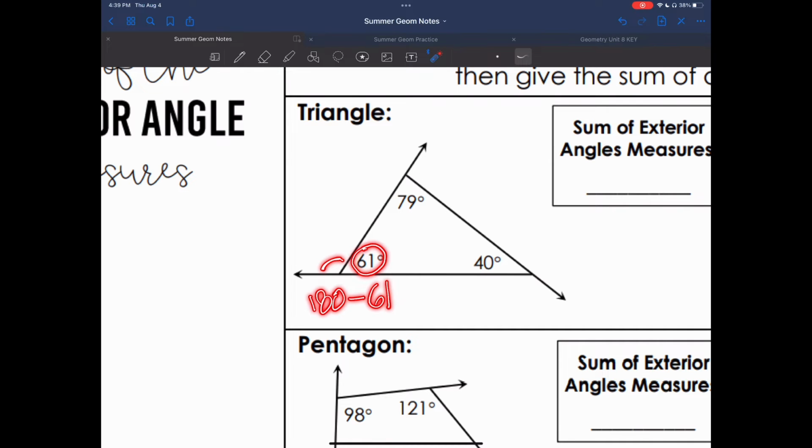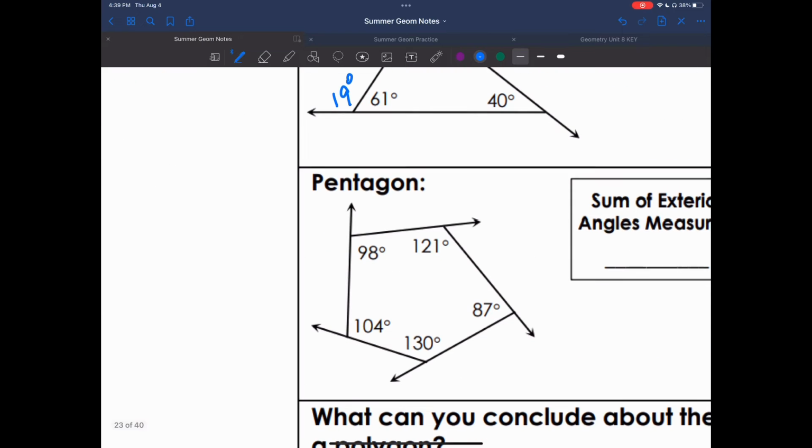In fact, I want you to do that right now. 180 minus the 61 to find this degree out here. And you should get 19 degrees. And I want you to find all of them, and that's how you'll do all of these exterior angles. You're just going to take 180 and subtract the angle that's on the inside right next to the exterior angle, because those will always be supplementary because they're on a straight line. So that's what that top little sentence was saying right there.